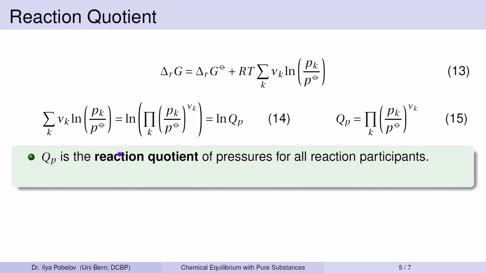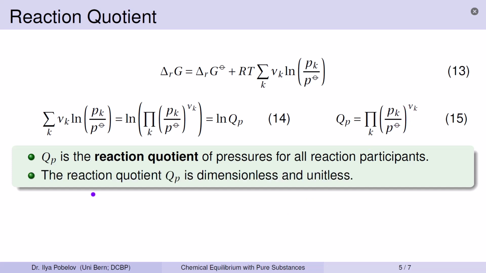This composite term is what we refer to as the reaction quotient of pressures, denoted as QP. Now, let's break this down. Within QP, each ratio is a pressure divided by a standard pressure, essentially giving us a dimensionless quantity. Thus, it's critical to understand that the reaction quotient is dimensionless and unitless.